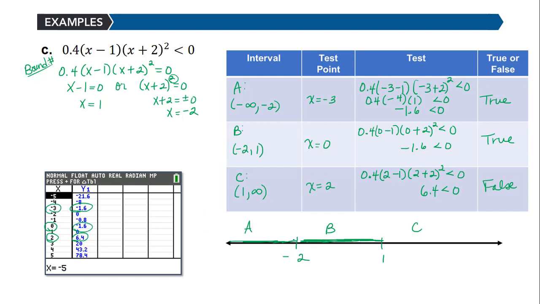Because -2 separates the two regions that tested true, I have a parenthesis facing to the left of -2, and also a parenthesis facing to the right of -2, and then a parenthesis on 1. So my solution set is -infinity to -2, parentheses, union, -2 to 1, all with parentheses.